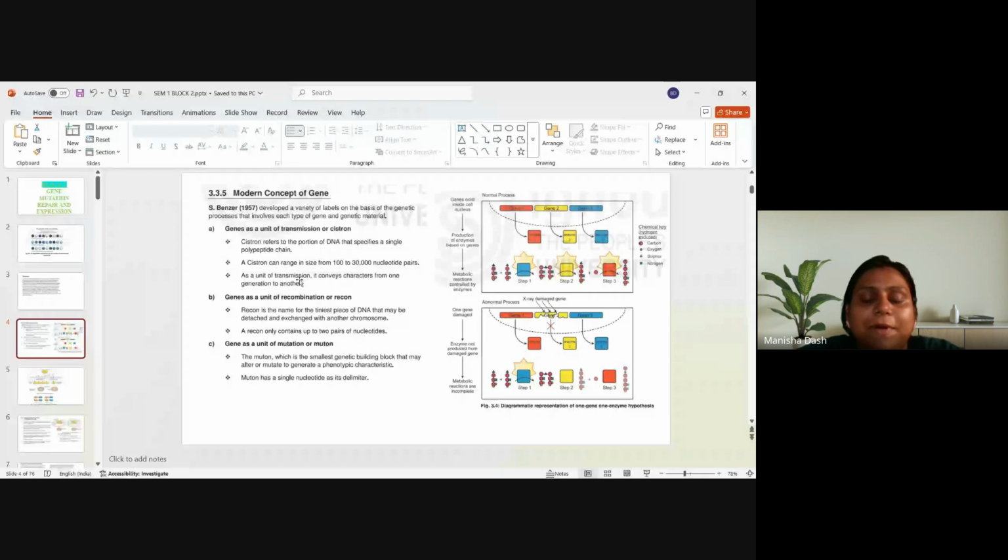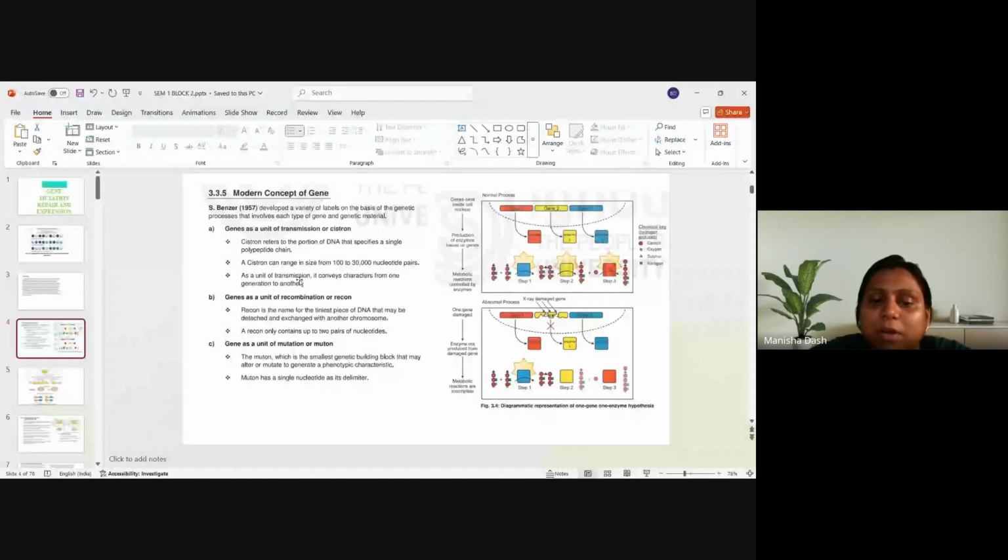From the genetics point of view, mostly we stick to cistron, because we think of the gene as a factor inherited from one generation to another, and it controls a particular trait or phenotype.